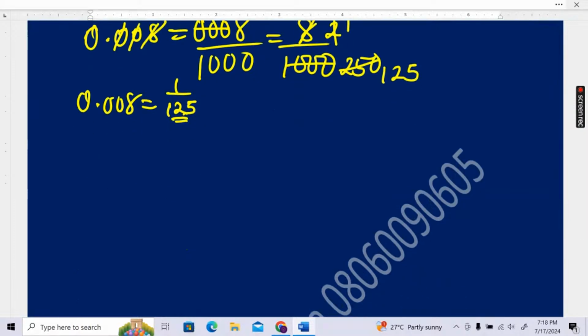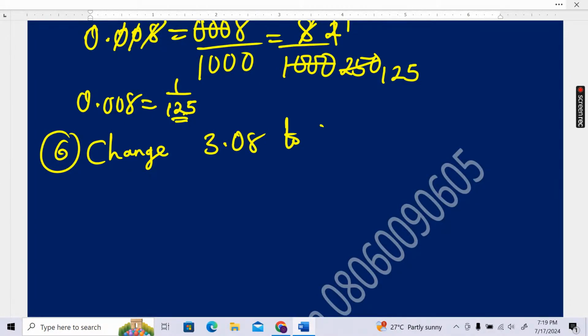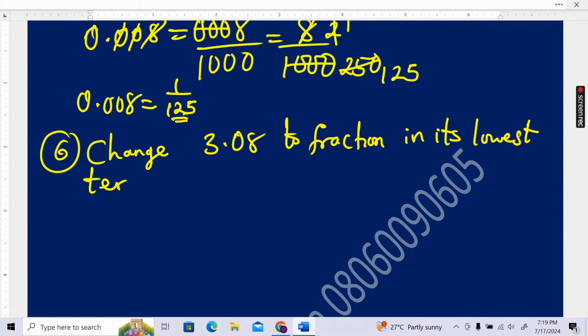Now let's move on to solving another question. Change 3.08 to fraction in its lowest term.